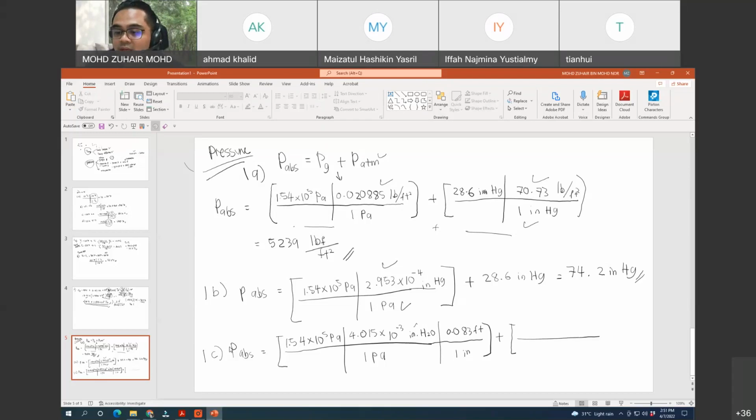So for this one, 28.6 inch mercury, 29.92 inch mercury is equal to 33 point. This is equal to density actually, but I don't think you have it in the conversion table that I gave you.